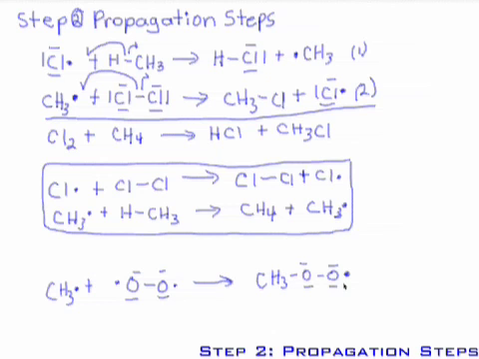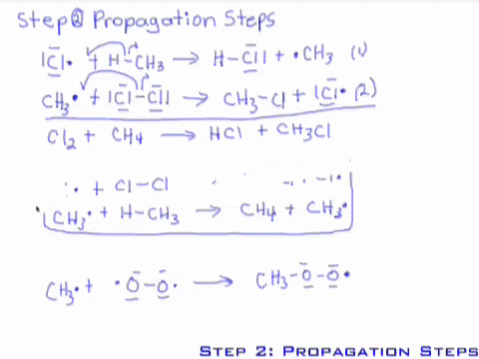Now, what we want to do next is take a quick look at the termination step, but I don't want to rub off the first reaction, so I'm going to take the time to clear the bottom half of the screen, erase it if I can. And we want to keep the propagation steps up because they're going to be important to side reactions.